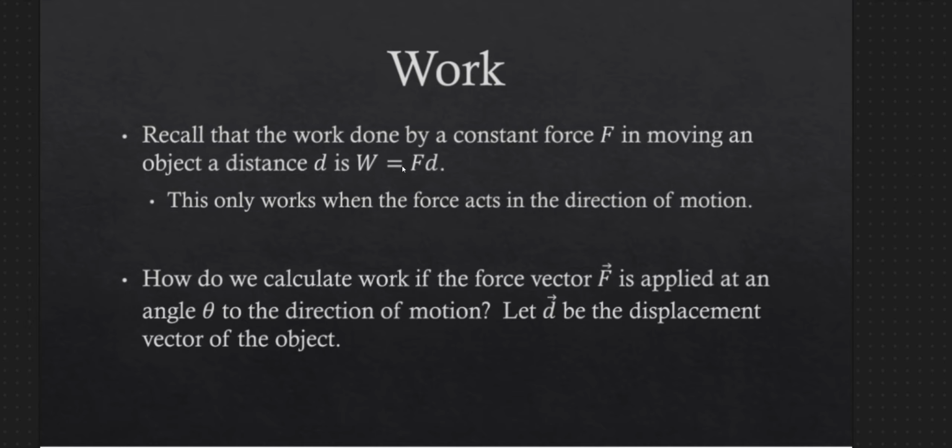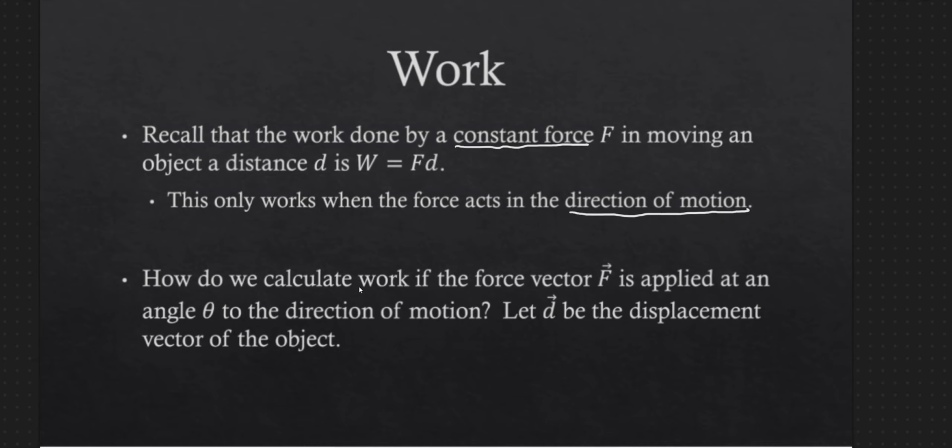So this is the idea of work. Now, as I mentioned, when the force is acting in the direction of motion, and when it's constant, it's really easy to compute what the work is. We just take however much force multiplied by however much distance was traveled. So not too bad.